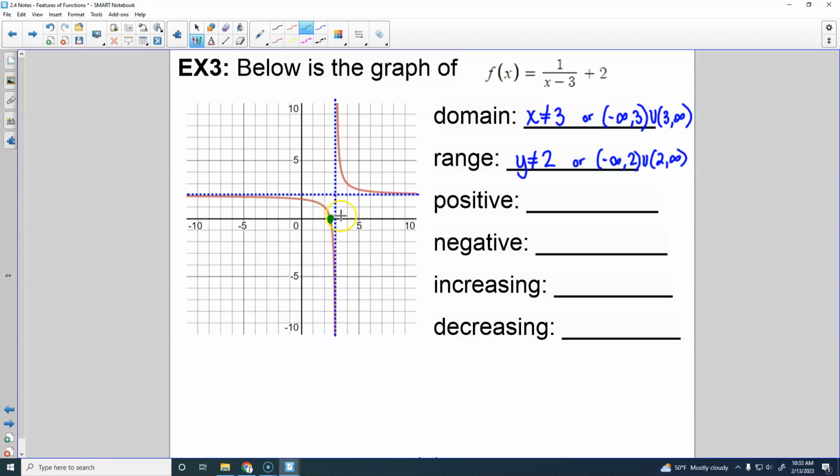At that x-intercept, what do you know about the y-coordinate? It is 0, because it's on the x-axis. You don't go up any. So I could find this x-coordinate by plugging in 0 for my y, or the f of x, right here: 0 equals 1 over x minus 3 plus 2.